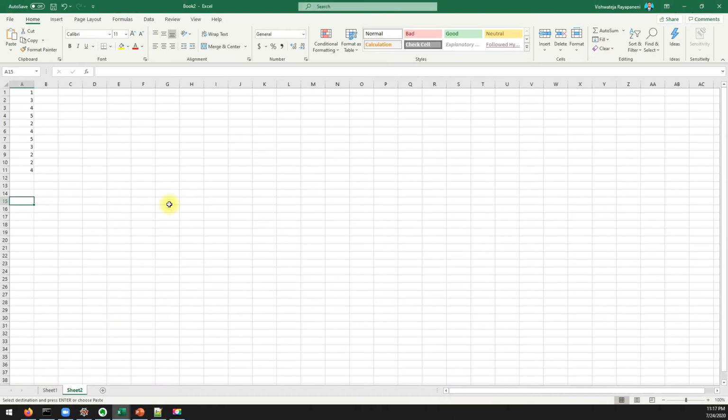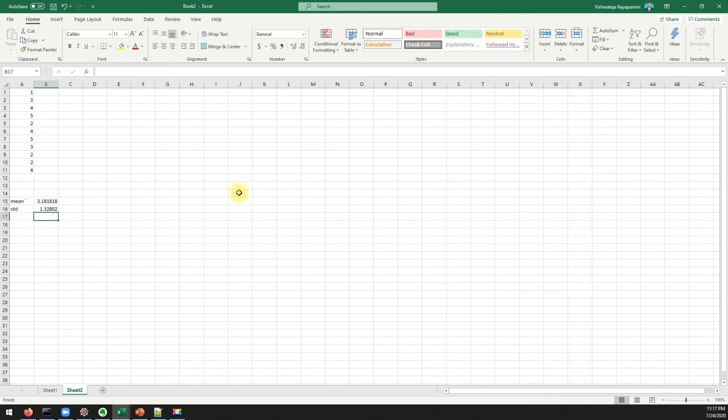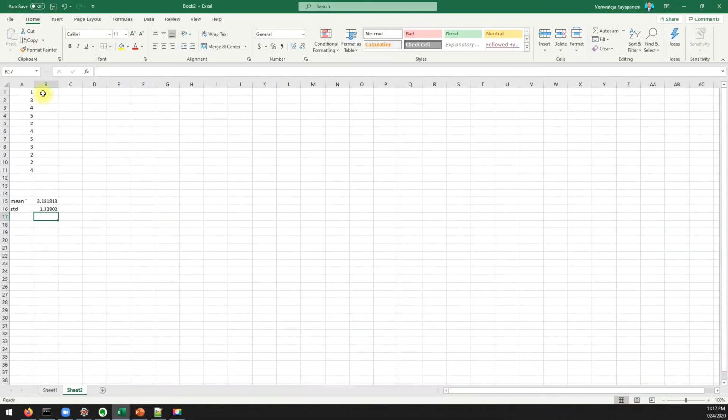So we have to find the mean, which is average, and we need to find the standard deviation, which is STDEV.S, the sample standard deviation. Now to the formula we already saw: x minus mean of x, divided by standard deviation.